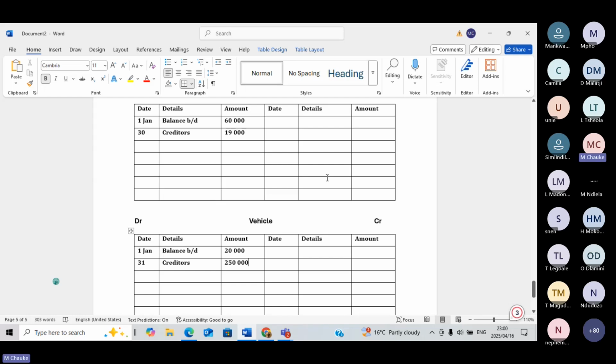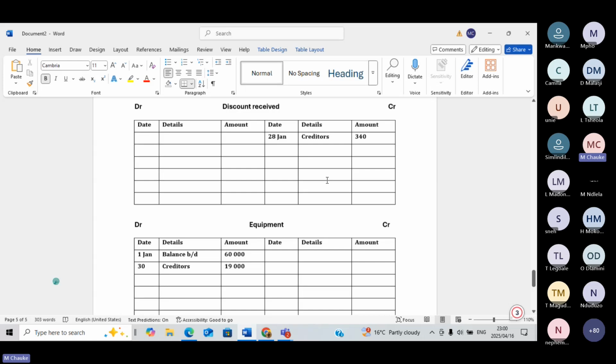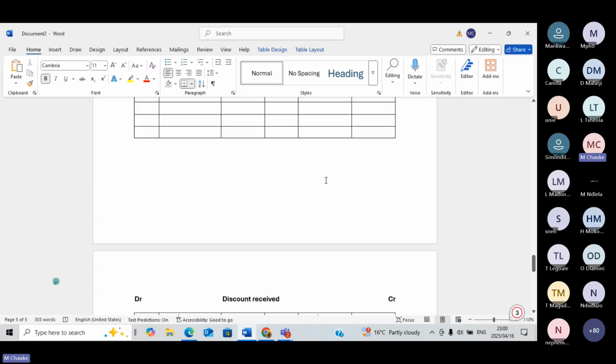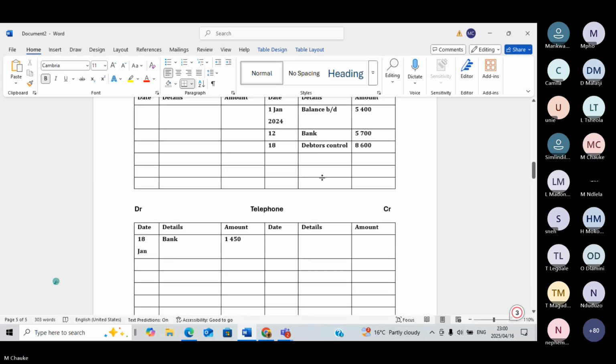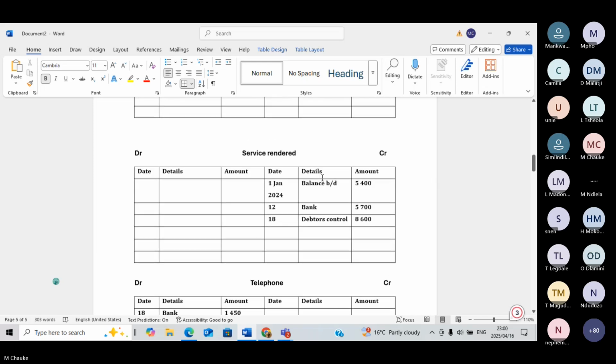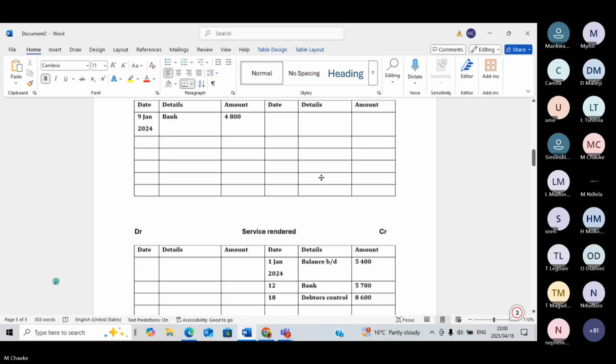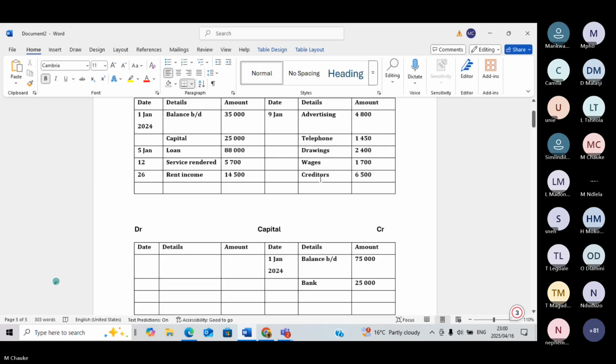There's a decrease because we made a payment to our creditors. So when I come here and say creditors, 25,000 of that deposit that we made for that vehicle.